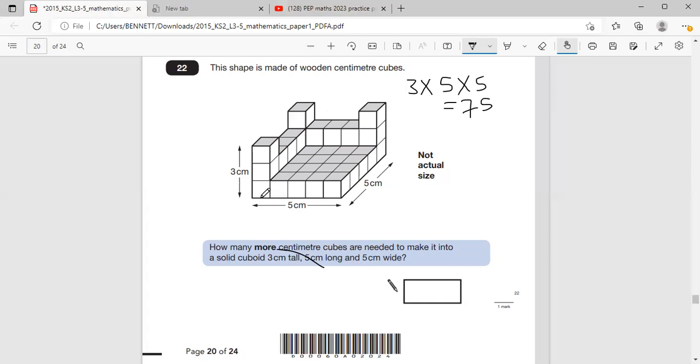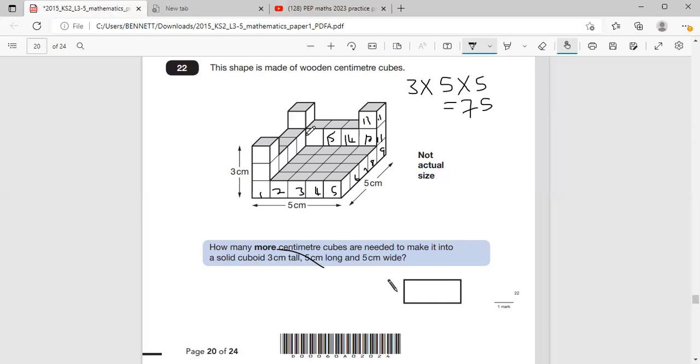So here we have 1, 2, 3, 4, 5. This and this are the same thing, you know? So you have to check them carefully. 6, 7, 8, 9, 10, 11, 12, 13, 14, 15.